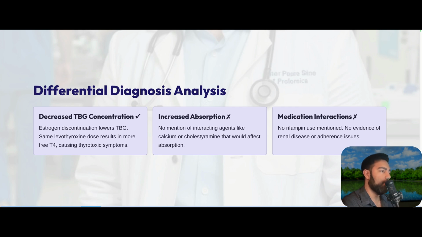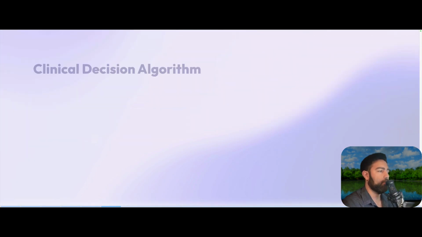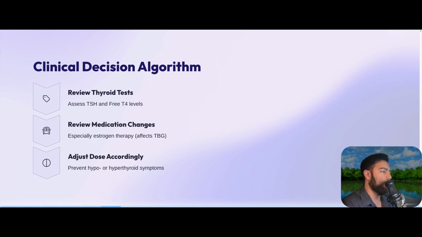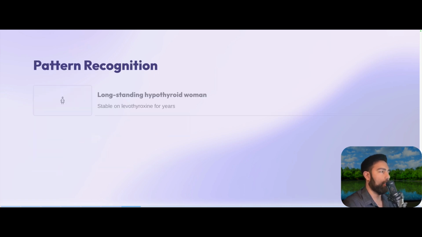The estrogen discontinuation lowers the TBG, and that same dose of levothyroxine results in a higher free T4 amount, leading to thyrotoxic symptoms. And always, when you are tackling thyroid questions or clinical decision making in real life, assess the TSH and free T4 levels, review the medication changes, and think about how they could affect the thyroid binding globulin, as one of the most important things to know about, and then adjust accordingly.